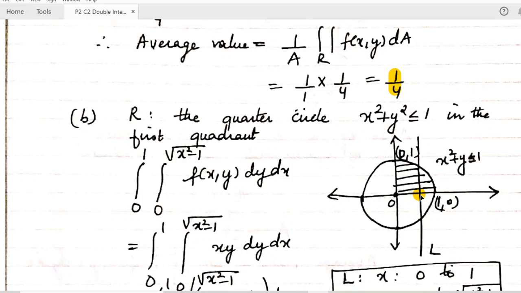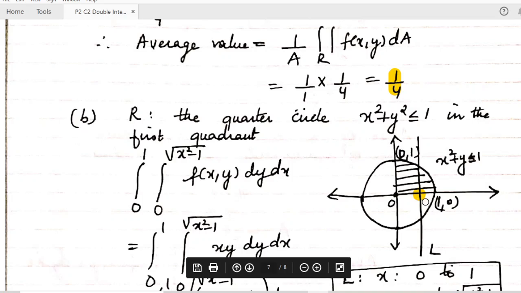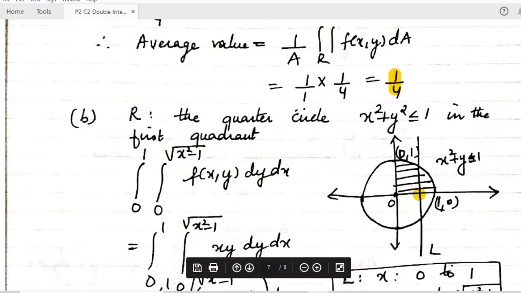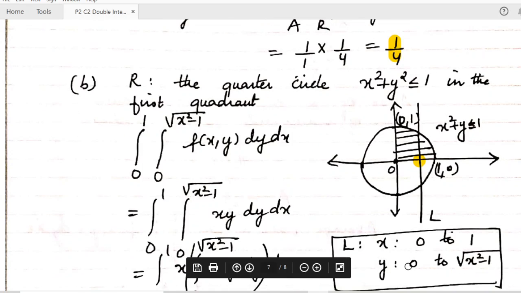At this boundary point, the value of y is 0. At this other point, which is a part of the circle x square plus y square equal to 1, the value of y is root of 1 minus x square. So the limit of y is from 0 to root of 1 minus x square.